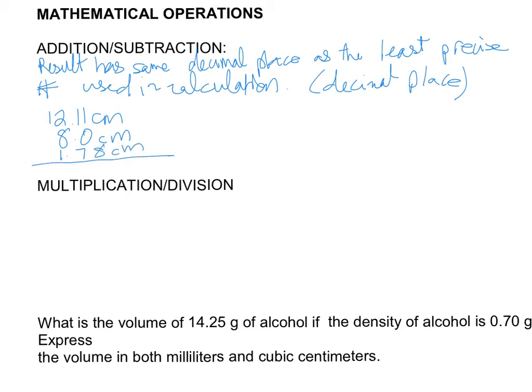So when I add those up, I get 21.89 centimeters. That's my total. I can do it in my head, or you can do it in a calculator. Then you need to round it to the correct number of sig figs. So what you do is you look at the numbers that you're given, those three numbers that you're adding together, and you go with the decimal place that's in your least precise number.